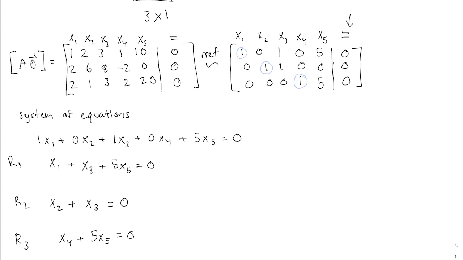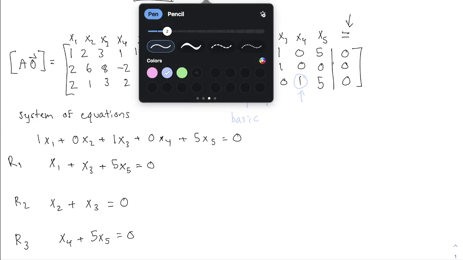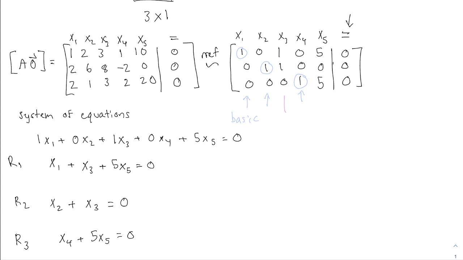So this has a pivot, this has a pivot, and this has a pivot, which means those are basic variables. I'm going to use pink to label our non-pivot columns, which also refer to our free variables. They are free variables because they change in correspondence to our pivots, right?